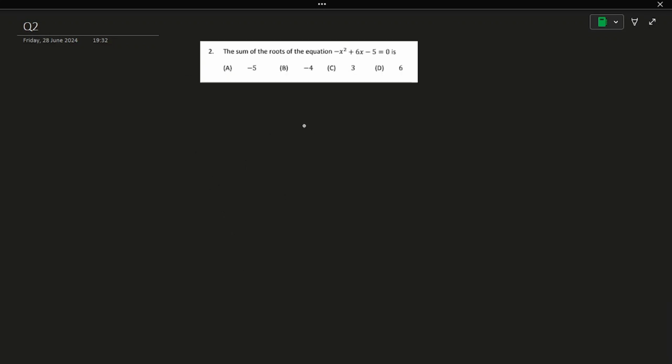Question 2 says the sum of the roots of the equation negative x squared plus 6x minus 5 equal 0 is. Now let's find the roots.